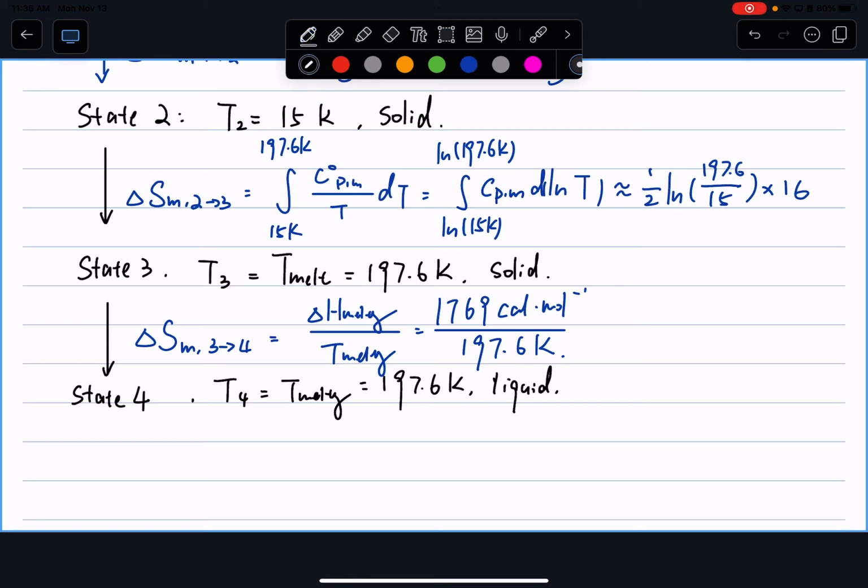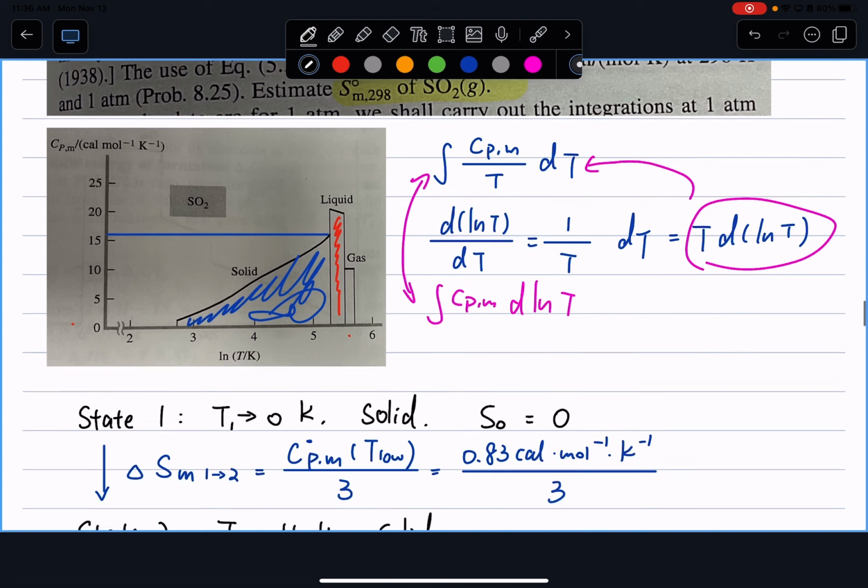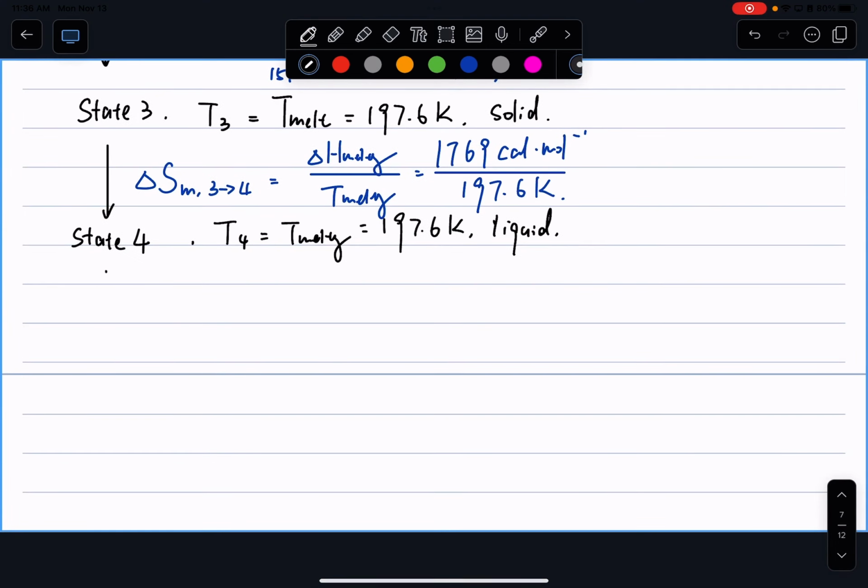All right. And what's next? Now we're going back to this figure again, right? We are now at the melting point, and we have melted all my solid SO2 into liquid SO2. The next step is to evaluate that integral again using the area below the curve of your liquid section of the heat capacity. Or the way to put it is, now we have a phase change again into state 5.